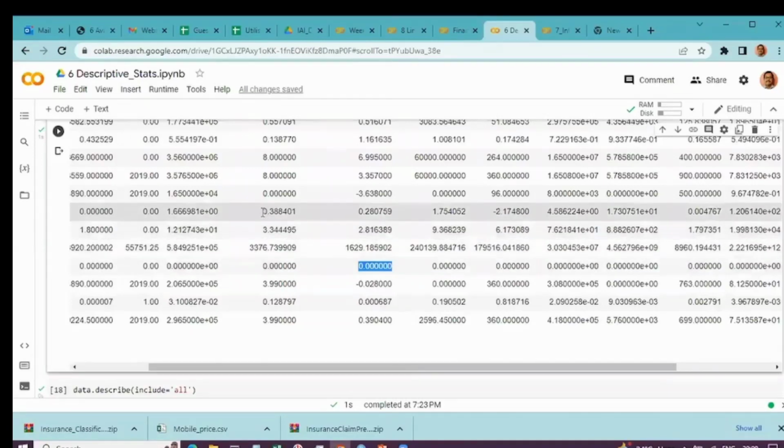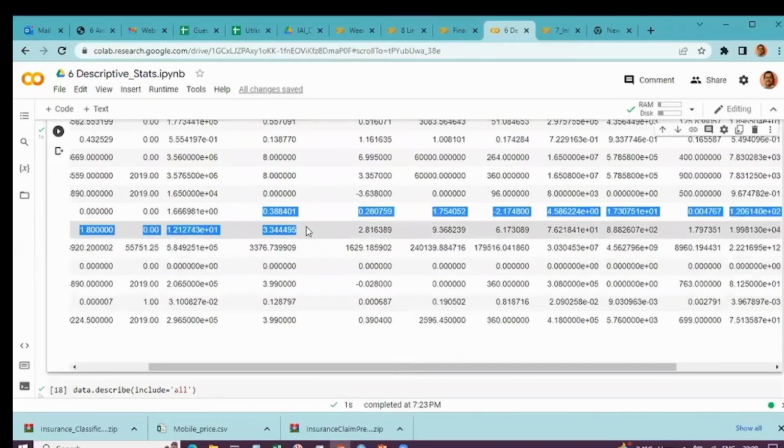But because of a data size of 1,48,000 records, even the small deviations from 0, right? This is just 0.38 deviation from 0 and this is just 0.34 deviation from 3. Even these small deviations are so significant that the Jarque-Bera test is getting rejected.